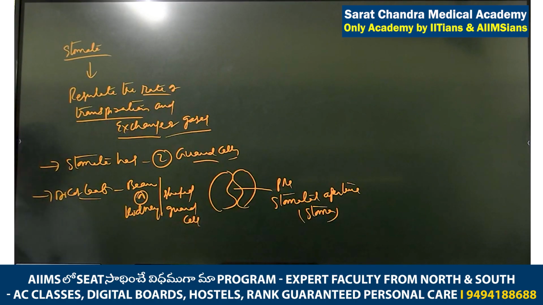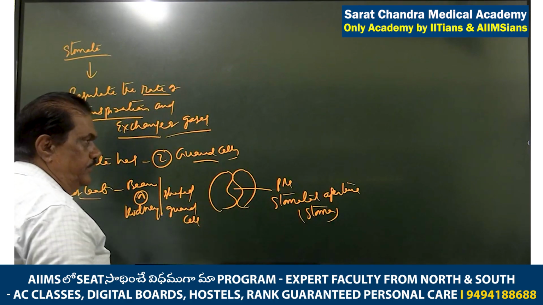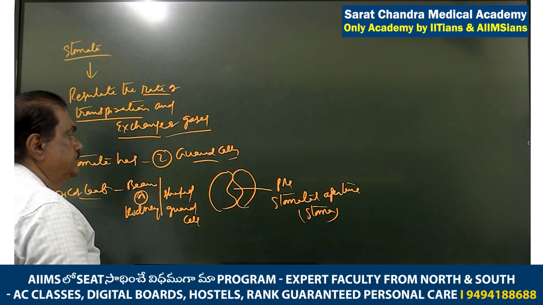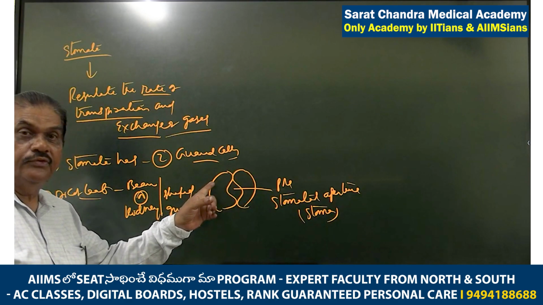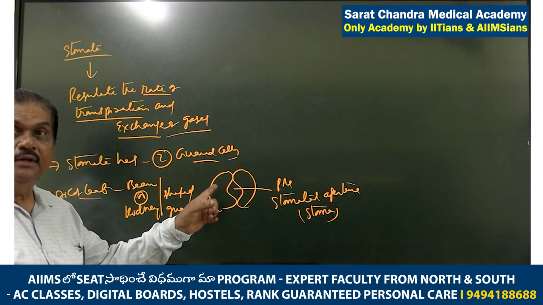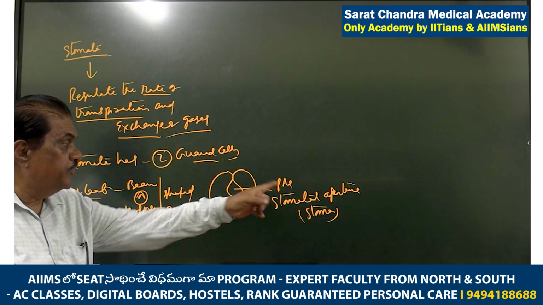In dicot leaf, bean shaped or kidney shaped guard cells are present. So this is bean shaped guard cells. In a bean shaped guard cell, the outer wall is thin or thick? Thin. And the wall present towards the pore side is thick.